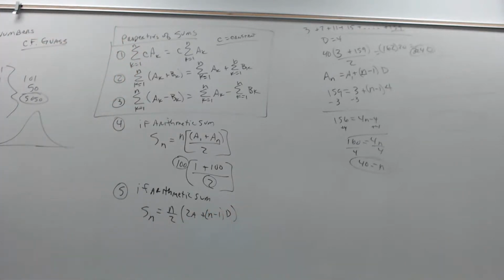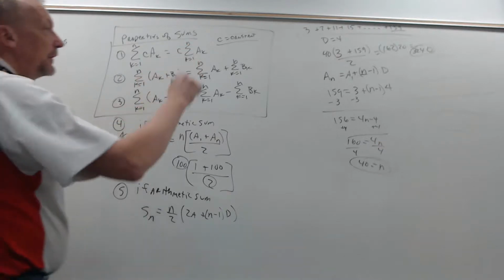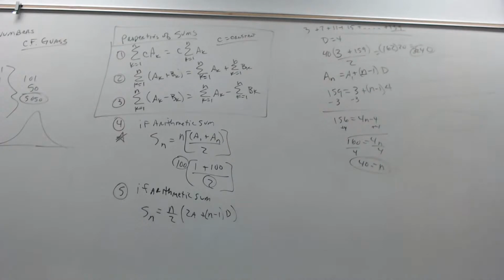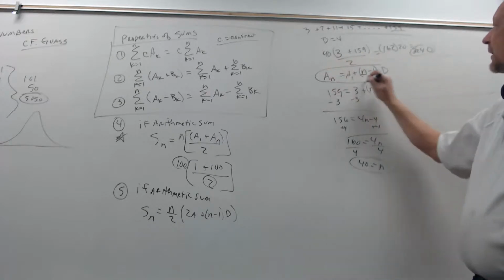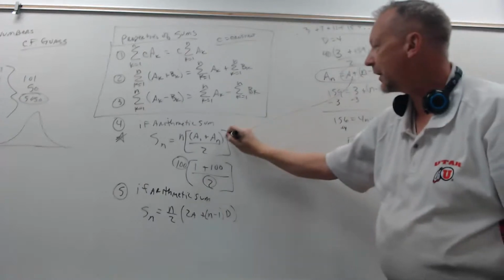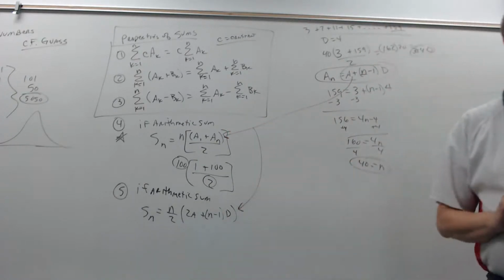Okay? Personally, I prefer this one because I can figure this out here. But the idea here is if I substitute this, or rather this, in for a sub n, I'm going to end up with this formula. Does that make sense?